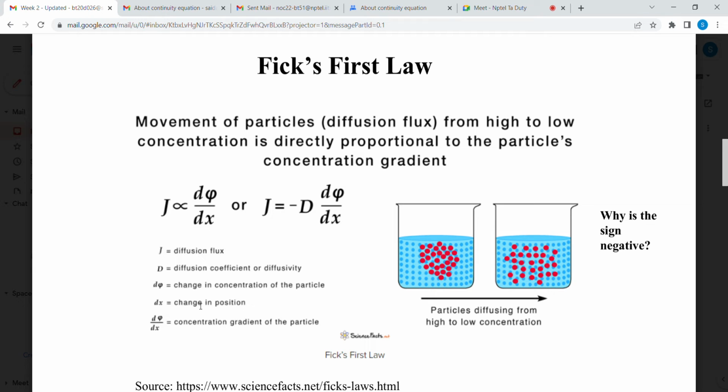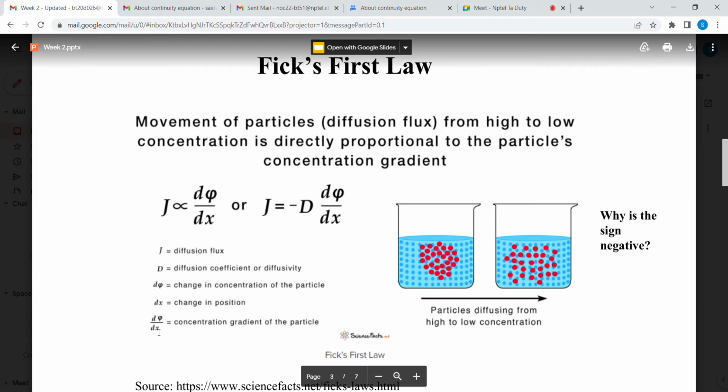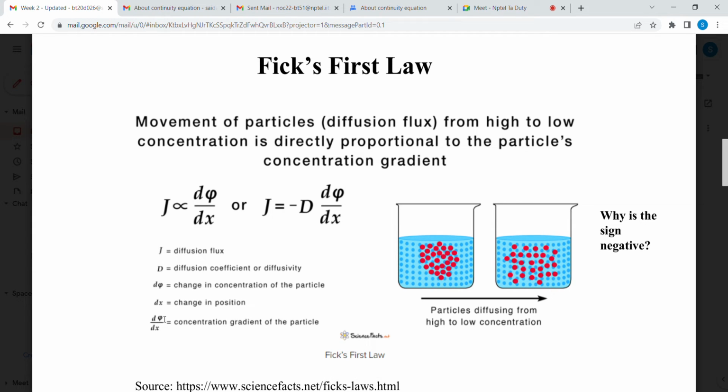How the concentration of ink at the point x2 changes with respect to the change in the concentration of the ink drop, that is what this is. So if you add a smaller ink drop, the diffusional flux is going to be lower, and if you add a bigger ink drop, the diffusional flux is going to be stronger.